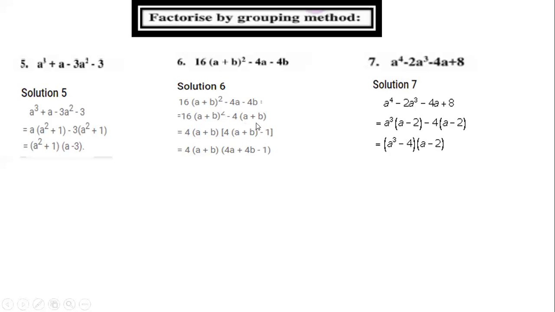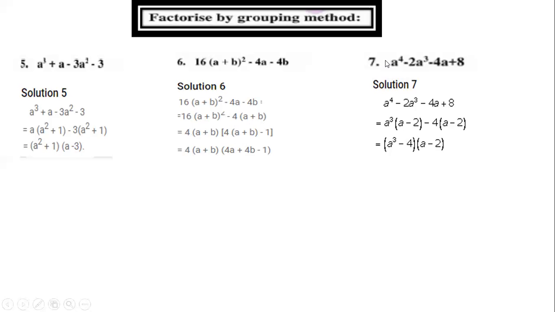Minus as it is and 1. Because 1 multiplied by something is that thing. So when 4(a + b) is multiplied with 1, it will become 4(a + b). So it equals 4(a + b)(4(a + b) − 1).